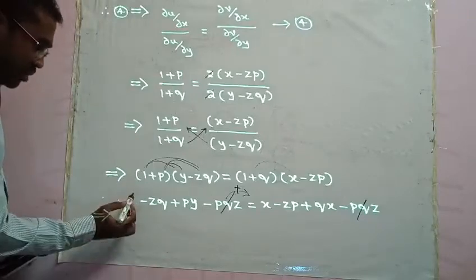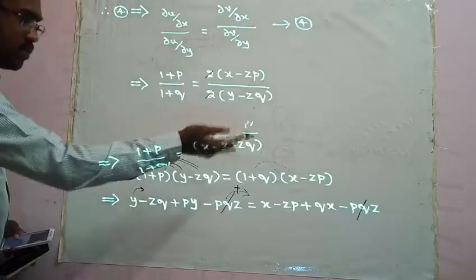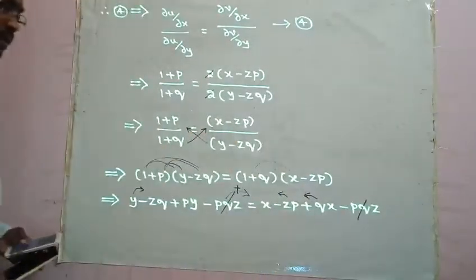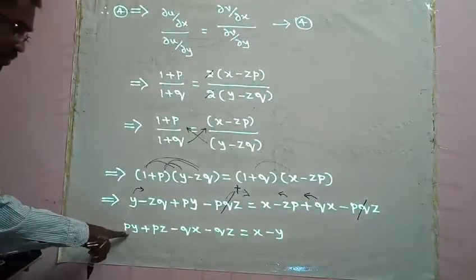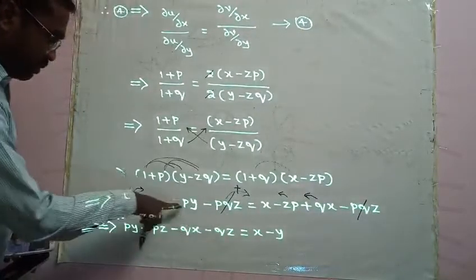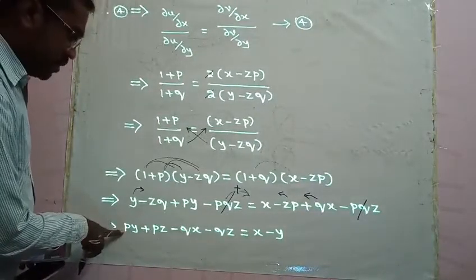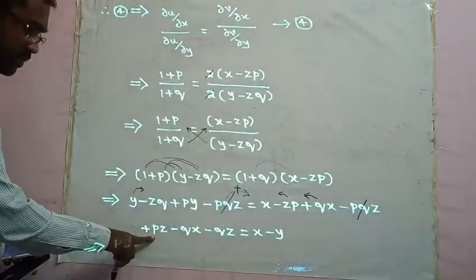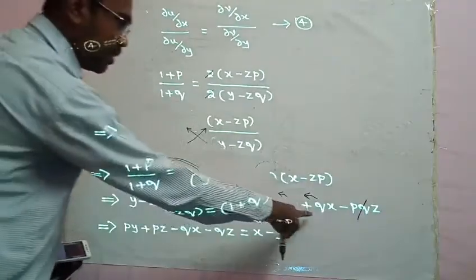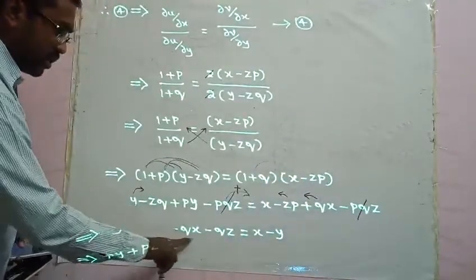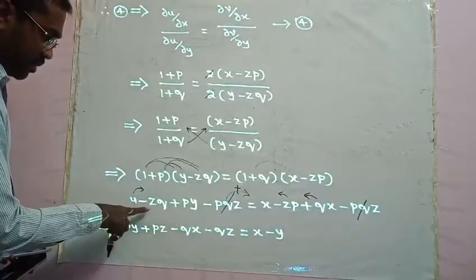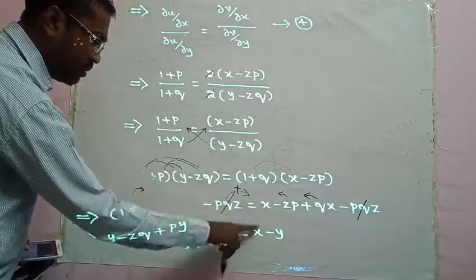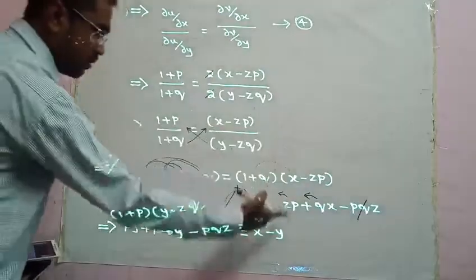What we do is we take this y to the other side, and these two to the LHS. If we have taken py here, then minus pz, if you take it, becomes plus pz. Then plus qx, if you take it to the LHS, you get minus qx, minus qz as it is, is equal to x minus y.